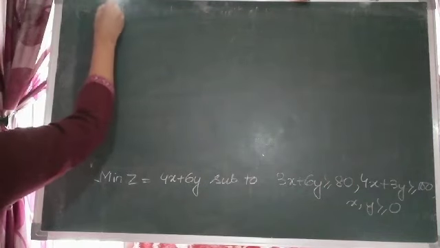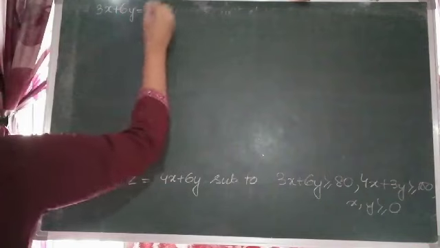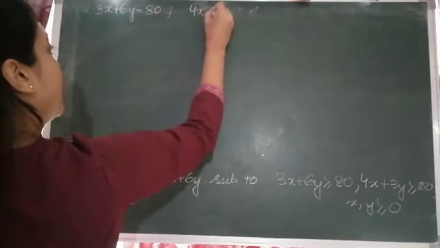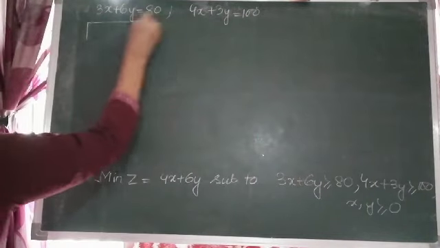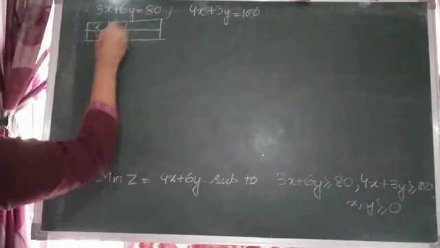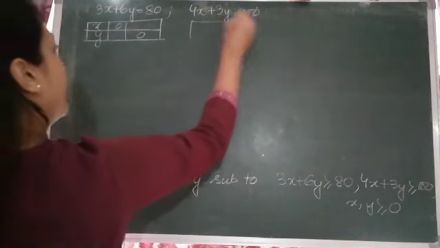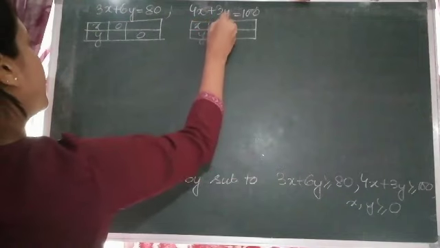So the equations are 3x plus 6y equals 80 and 4x plus 3y equals 100.